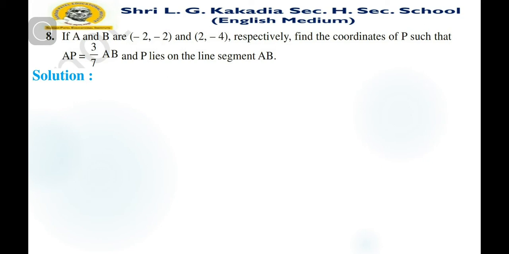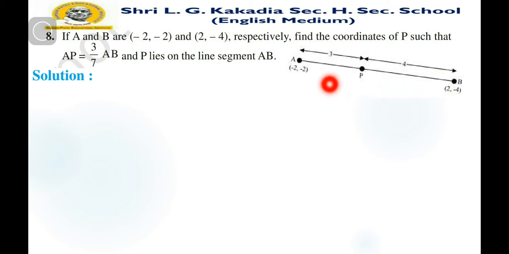If you put point P on AB, it divides AB into parts, and AP is 3/7 part of AB. You can see in the figure that we place point P such that AP is equal to 3/7.